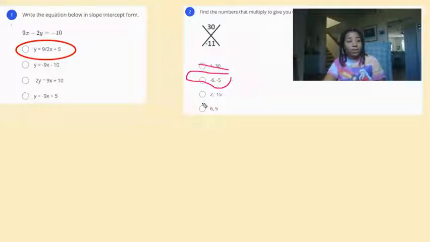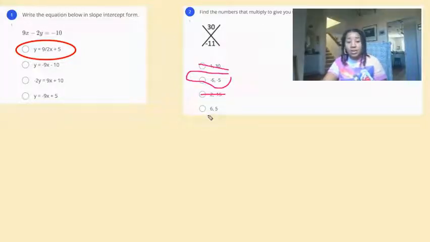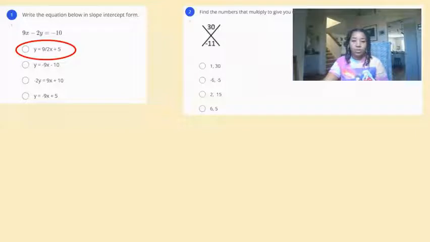This one won't work because 2 plus 15 is 17, and we need negative 11, so that's out. And this one won't work because this is 6 plus 5, which is positive 11, and we clearly need negative 11, so that is also out. Okay? So I'm going to trash this, and I'm just going to click my way through. Oh, look, that was the answer.